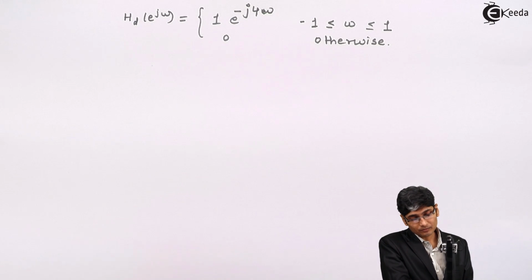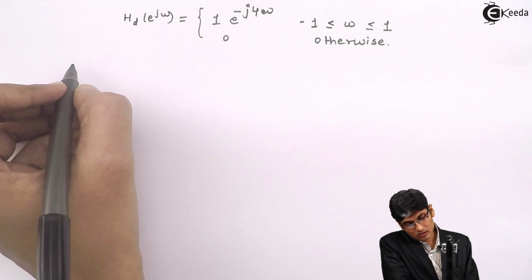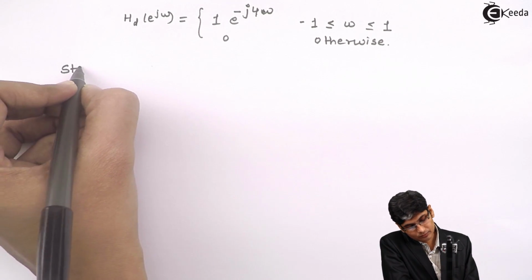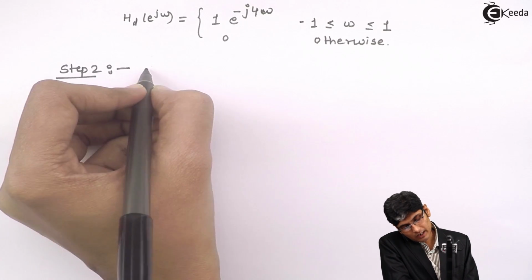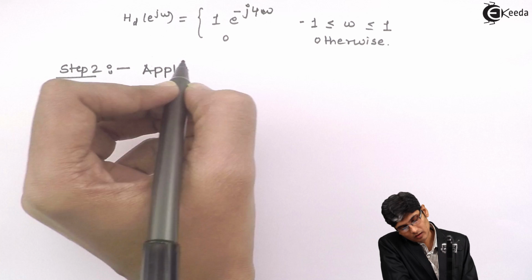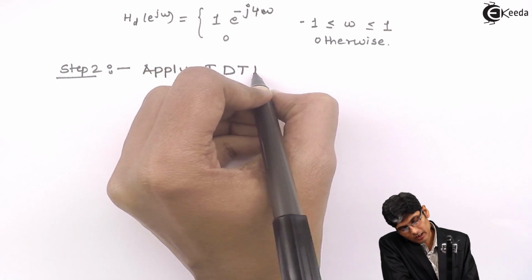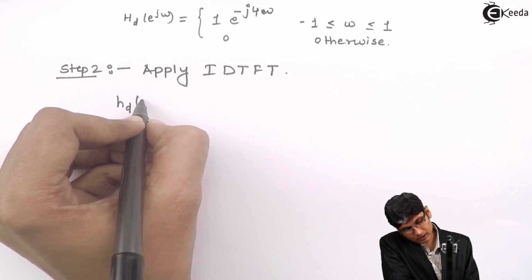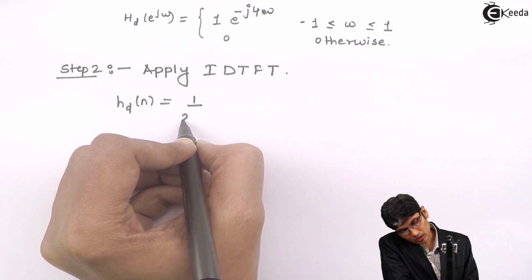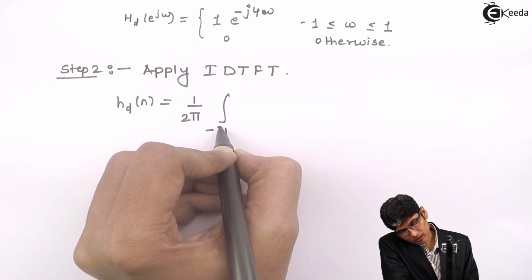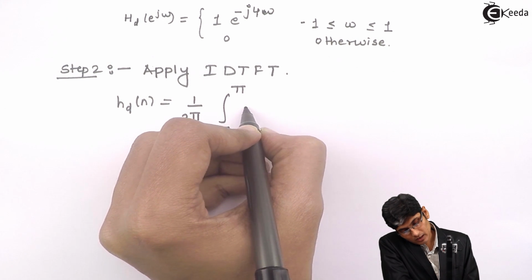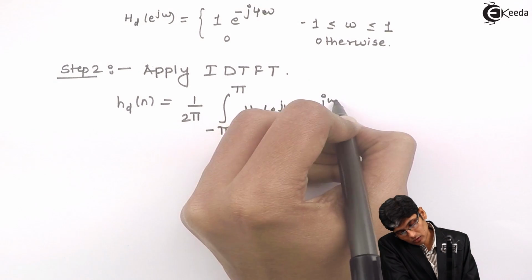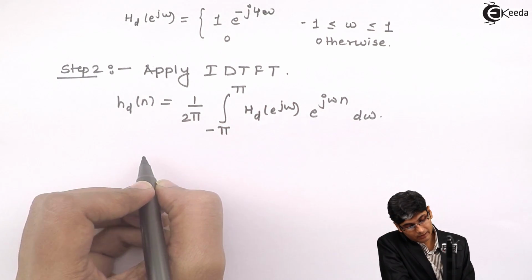Okay, so we got the cutoff frequency. Now let us go for step 2 and apply the inverse DTFT, which will give me hd of n, equal to 1 upon 2 pi integral from minus pi to pi of hd of e raised to j omega times e raised to j omega n d omega.